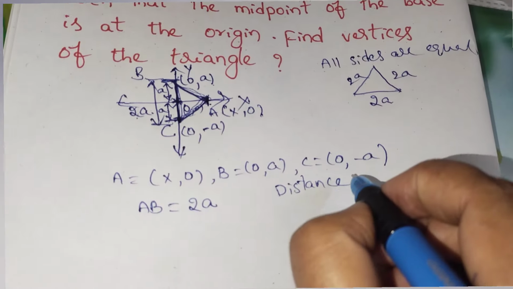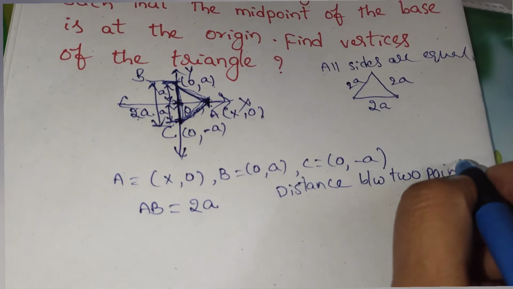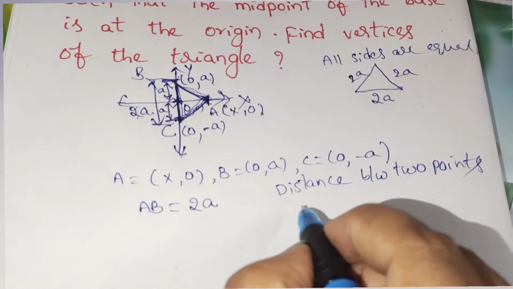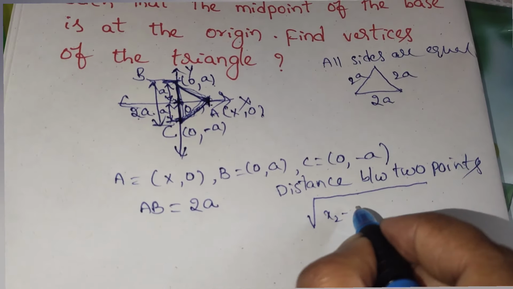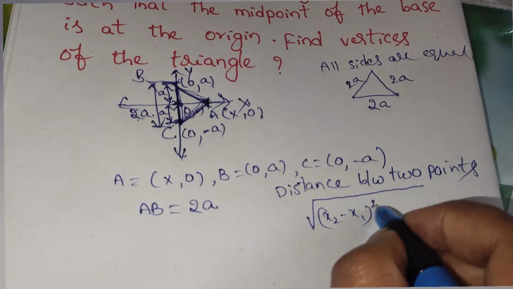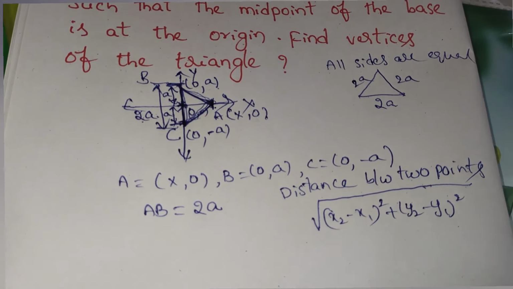Distance between 2 points is the square root of x2 minus x1 whole square plus y2 minus y1 whole square.